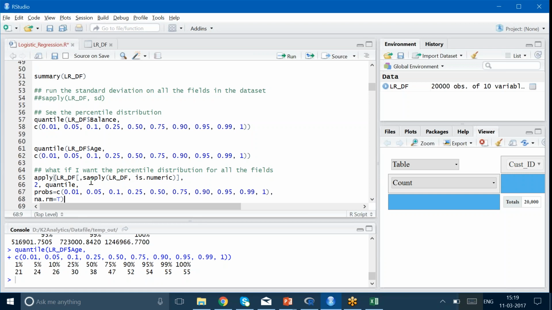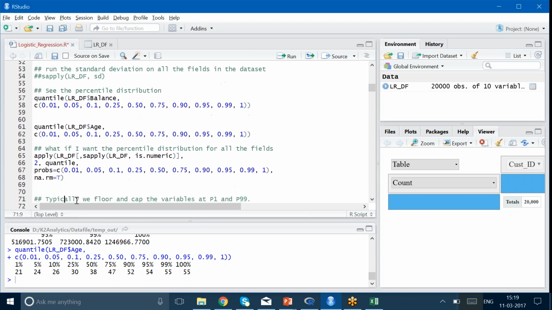But what if you have 400-500 variables? Will you keep running this like that? Probably no. So a better and easier way, I am making use of apply and sapply functionalities by which I can run this quantile for each and every variable.